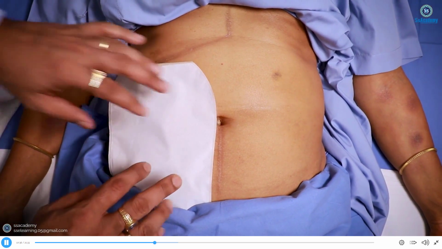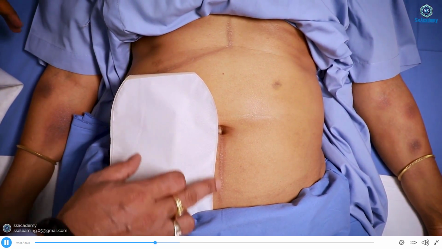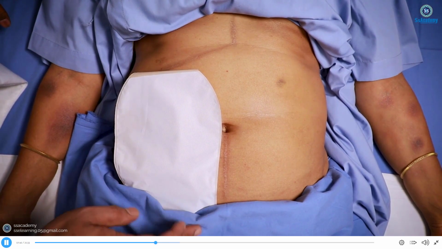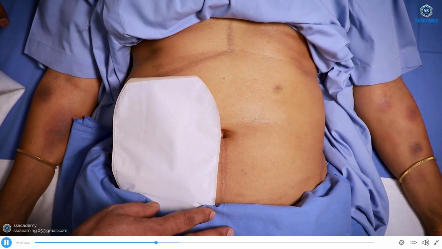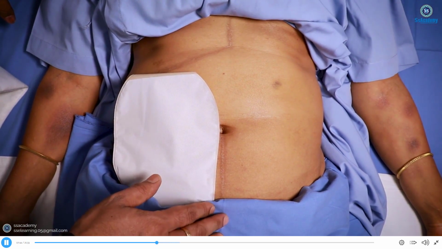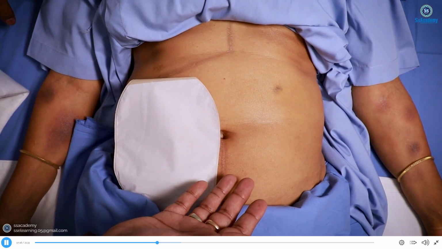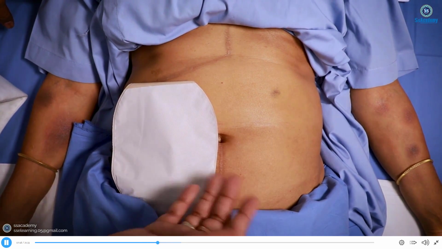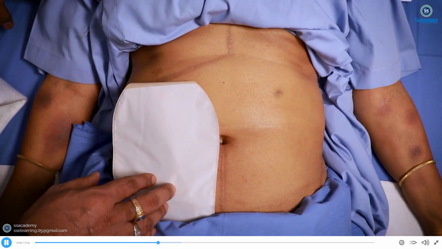So the ileostomy bag and the laparotomy scar, what does it mean? It means that this lady underwent a colectomy, and the ileostomy was done after that.